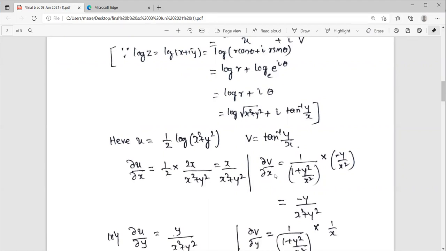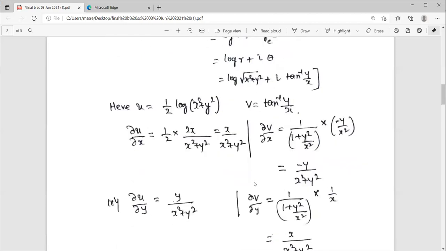And delta v by delta x: differentiation of tan inverse is 1 by 1 plus y square by x square, into differentiation of y by x with respect to x, keeping y constant. Remember, y is constant, keep y as it is. Differentiate 1 by x. What is differentiation of 1 by x? It is minus 1 by x square. So on simplification, taking the LCM, x square comes in the numerator and cancels. You will get minus y divided by x square plus y square.